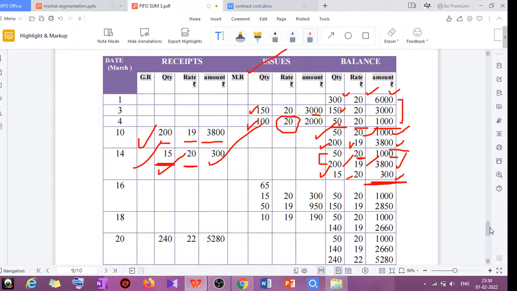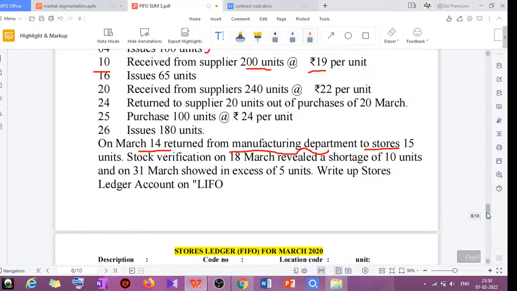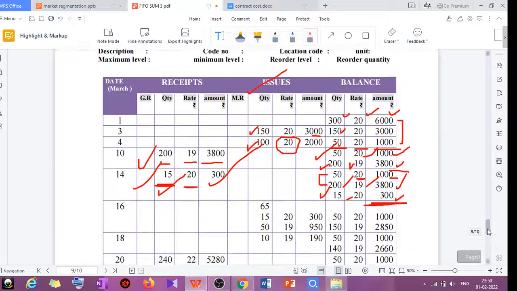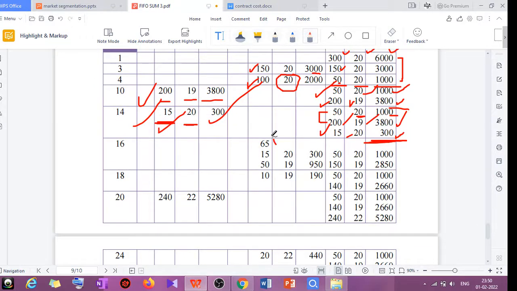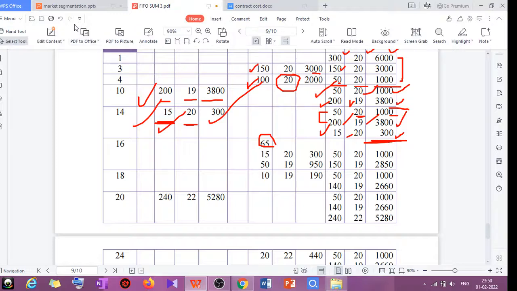Okay, next on 16th there is an issue of 65 units. Now be careful here, listen carefully. See here, we have to issue 65, right?